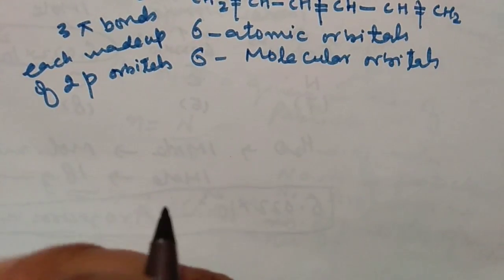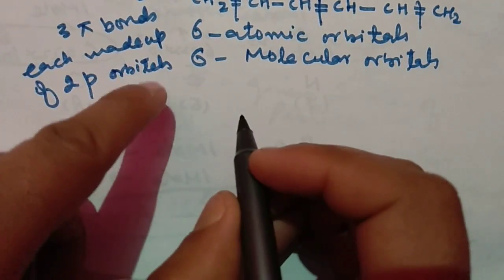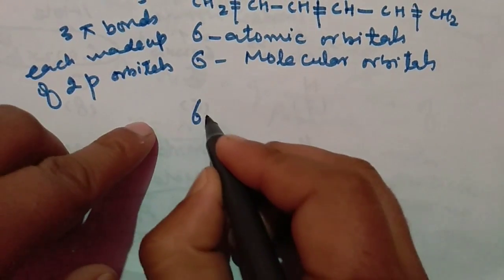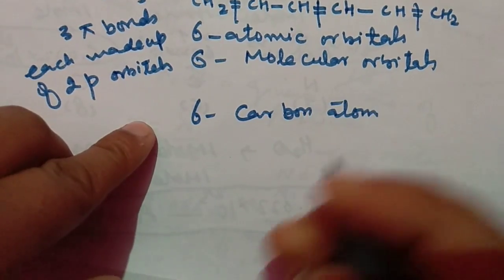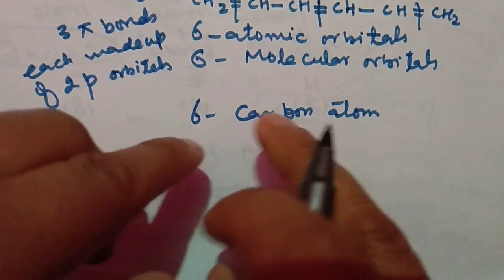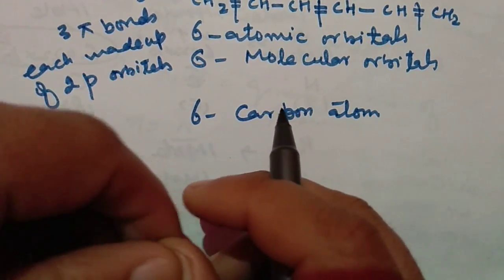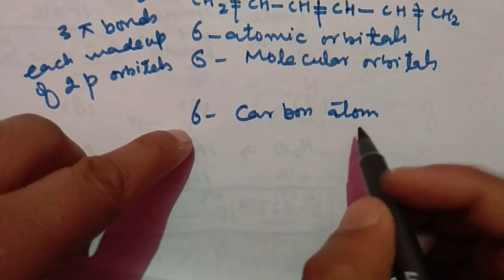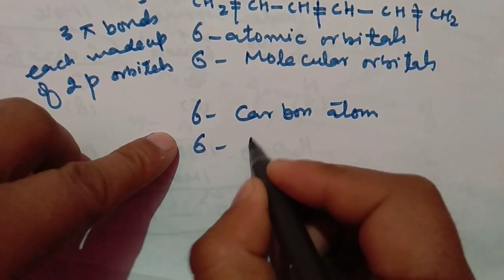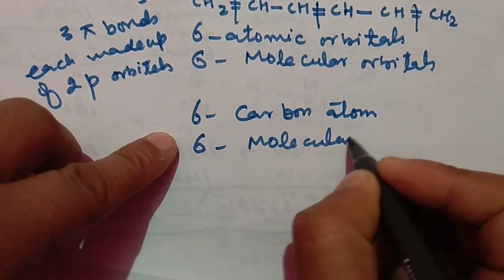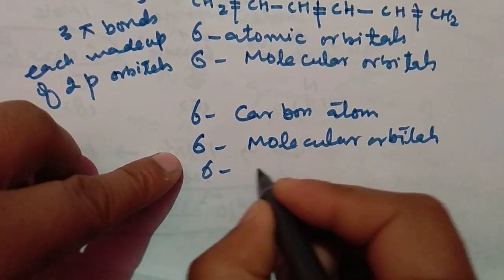There is a simple trick. In hexa-1,3,5-triene, there are 6 carbon atoms, so we can expect 6 molecular orbitals, and there are 6 electrons.